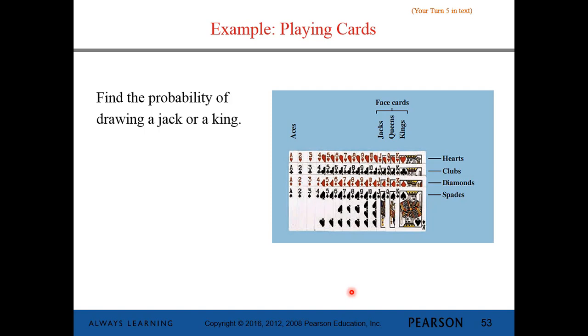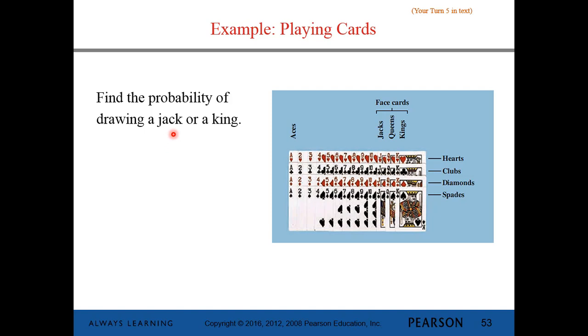So how many different ways can I get either a jack or a king or both? Can I get both in this case? Is it possible to get a jack and a king on one draw? No, of course not. What would we call these type of events? We could look at getting a jack as one event and getting a king as another event. So we could say these are 2 events.